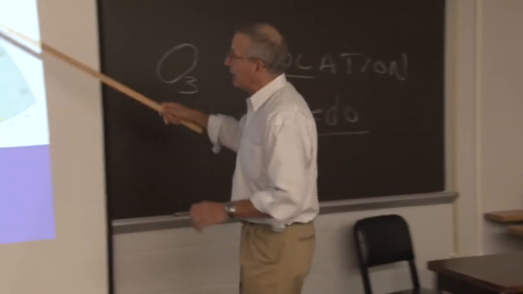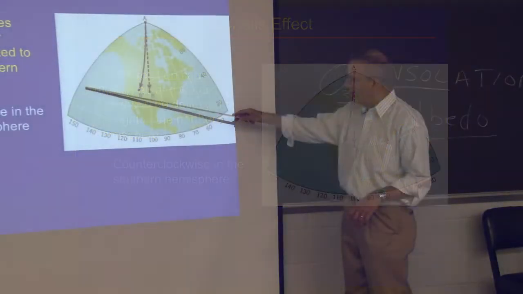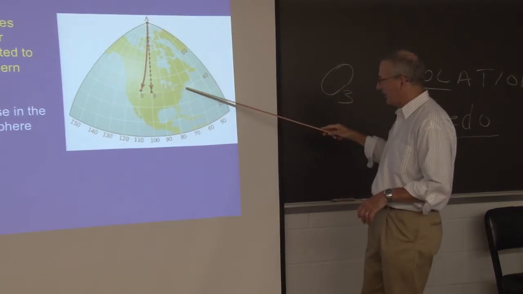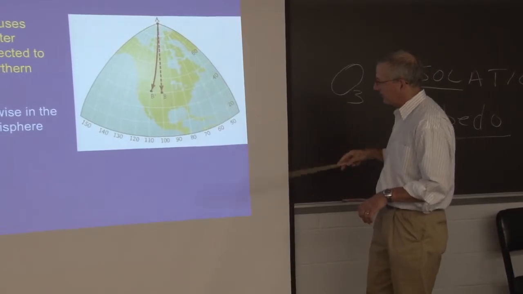So if we shot a missile from the North Pole toward Denver, it would be deflected to the west, or to the right, in the northern hemisphere. If we fired a missile from Los Angeles to the east toward New York, it would be deflected to the right.